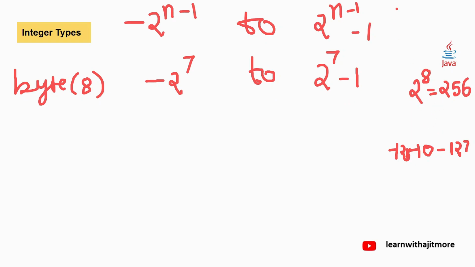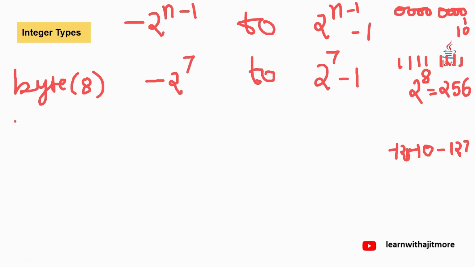Here also all 8 bits will go on making all the combinations, till the last value will be 1 1 1 1 1 1 1 1. Understanding? So in this also remember, when the sign bit is 1, they all are negatives, and when the sign bit is 0, it is positive.